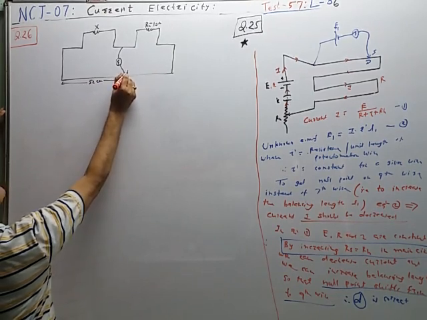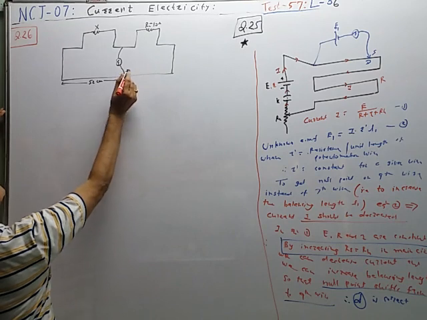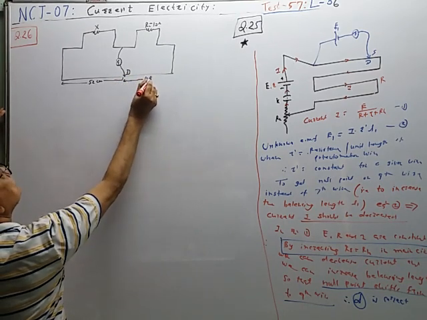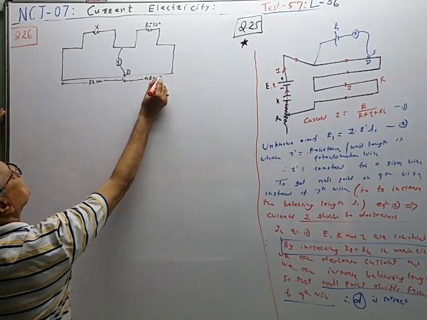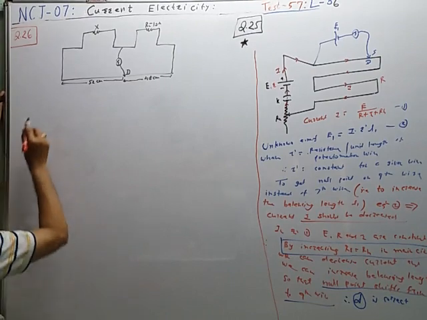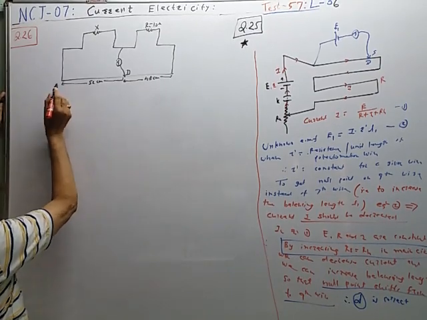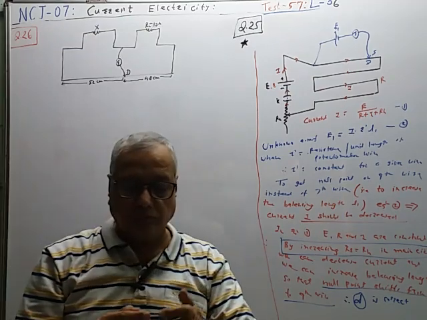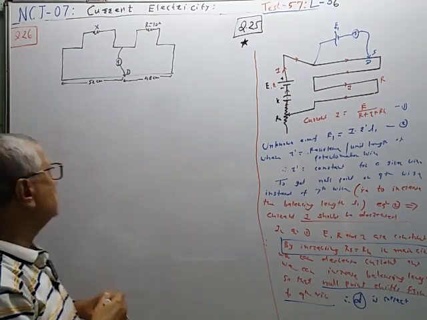This is null point D. This is 48 centimeter. So the main point is this.